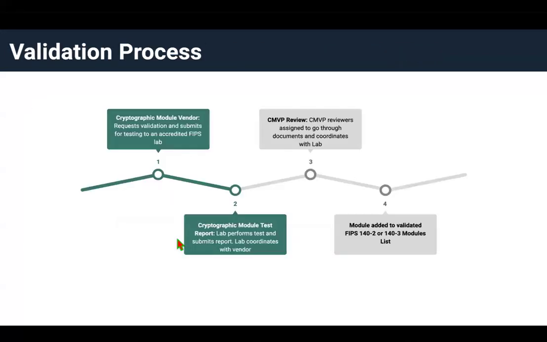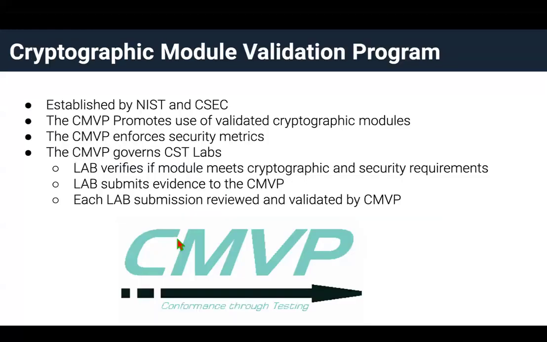Now, the CMVP recognized that they were also going to be stretched thin, and so, sorry, I flipped slides. They stood up a third body called the CAVP, and they're the ones who actually do the algorithm testing. The CMVP then reviews the algorithm testing and checks that you're compliant with all the things outside of the algorithm implementations.